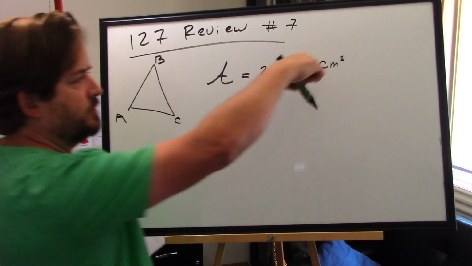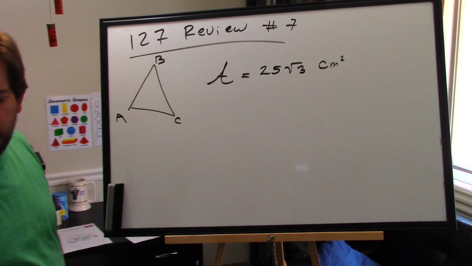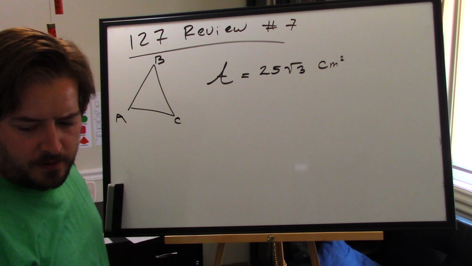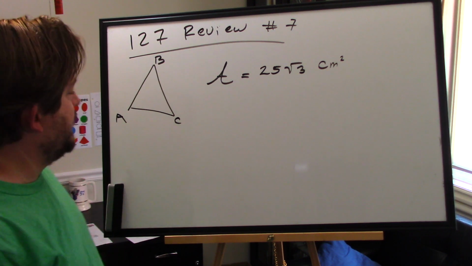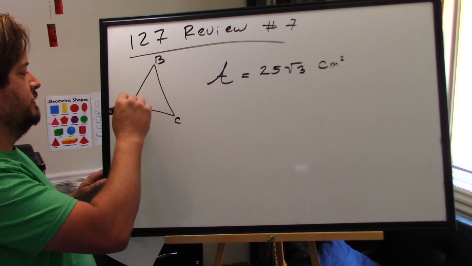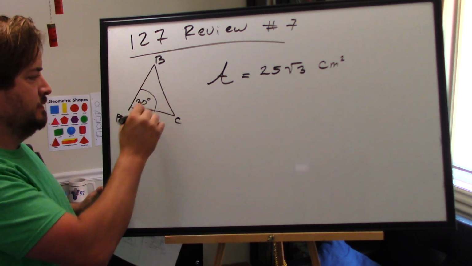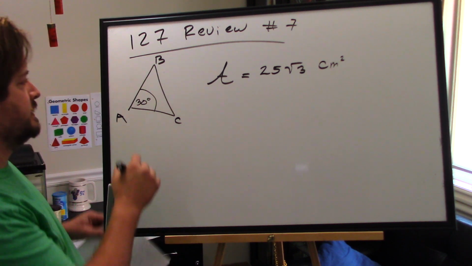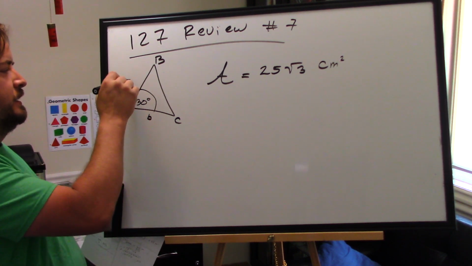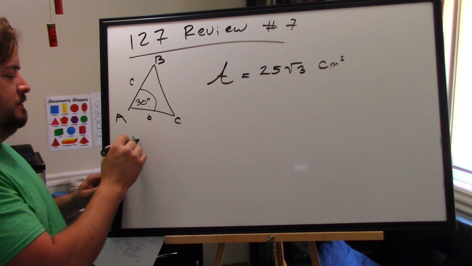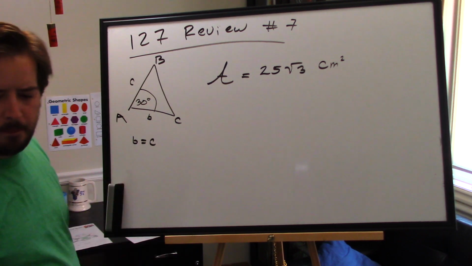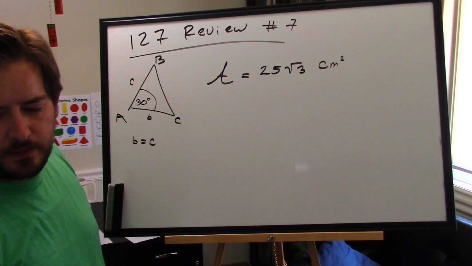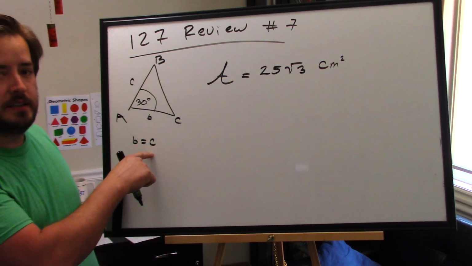We're not too concerned with units in this class, but it is square centimeters, so when you find a length, it'll be centimeters. Angle A is 30 degrees, so we have that. And side lengths B and C are the same, so this B down here is the same as this C. Whatever they are, I don't know what they are yet, but they're the same. And so we want to find the lengths B and C.